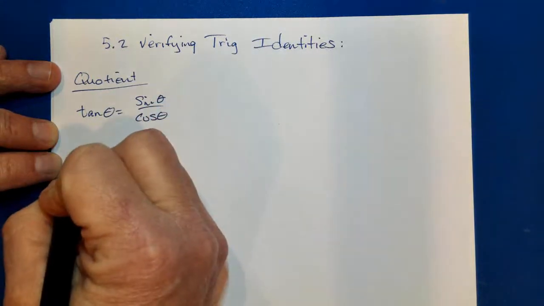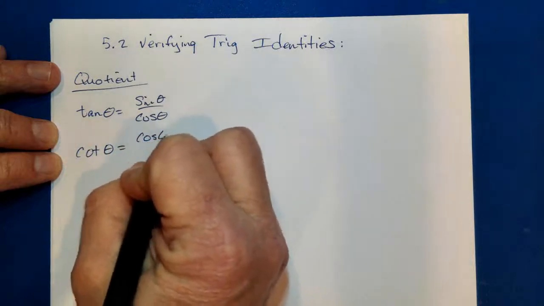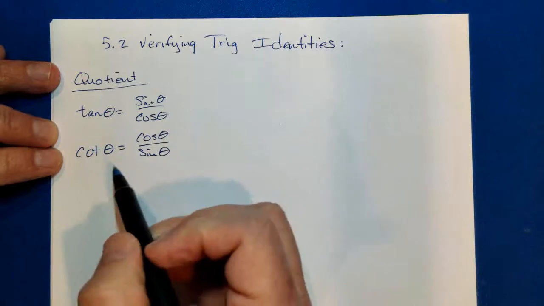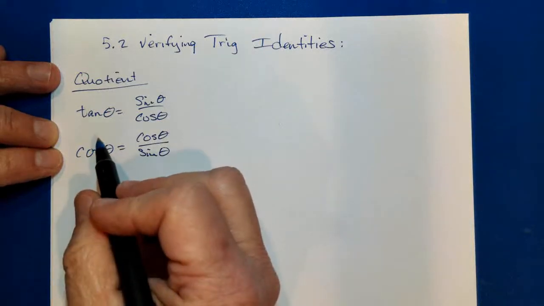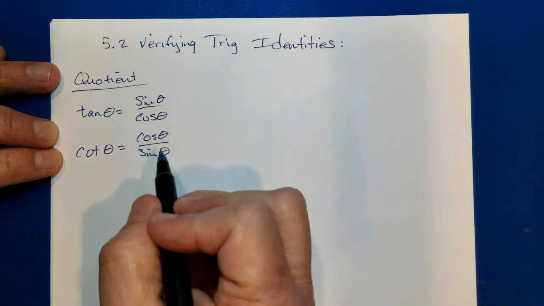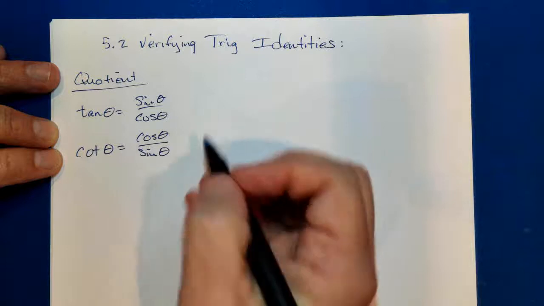And we also know that the cotangent of theta is then the cosine of theta over the sine of theta. Now these could also be squared. So you could go cotangent squared is equal to cosine squared over sine squared. If you need to use that, you can use that.